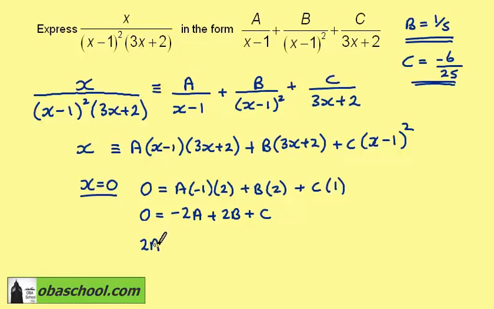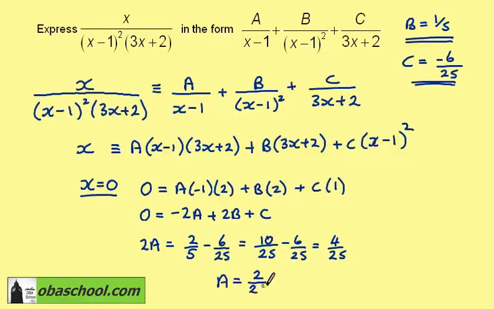This gives us 2a is equal to 2 lots of b, which is 2/5, plus c, which is minus 6 over 25. And this gives us 10 over 25 take away 6 over 25, which is 4 over 25. Therefore, a is equal to 2 over 25.